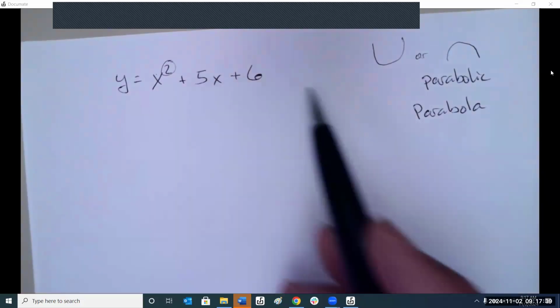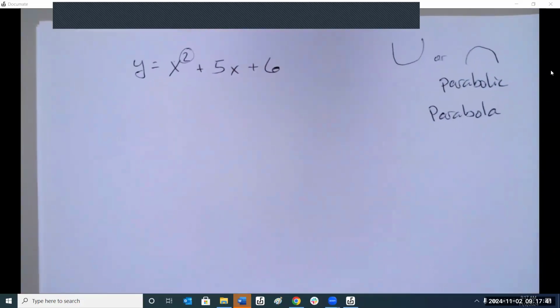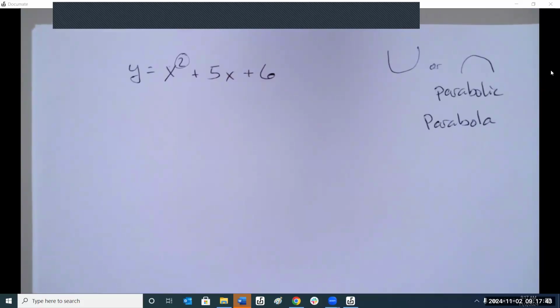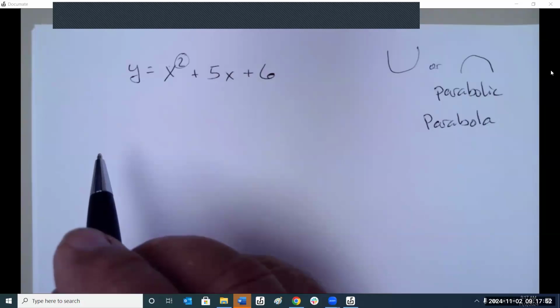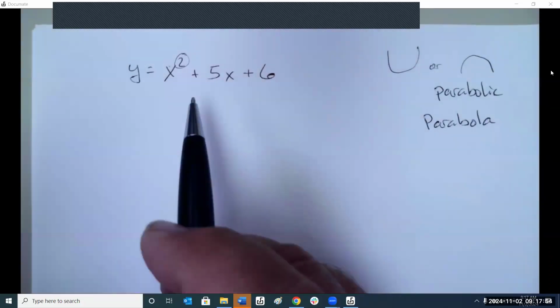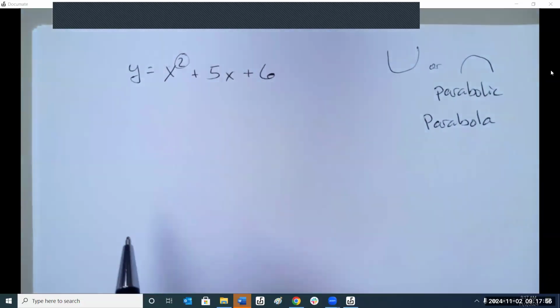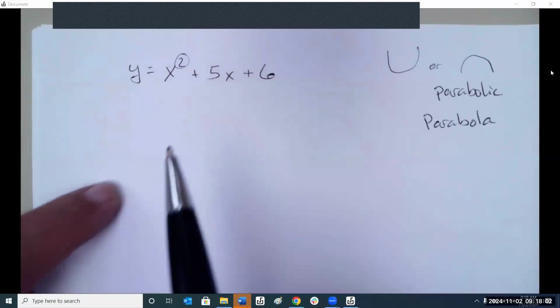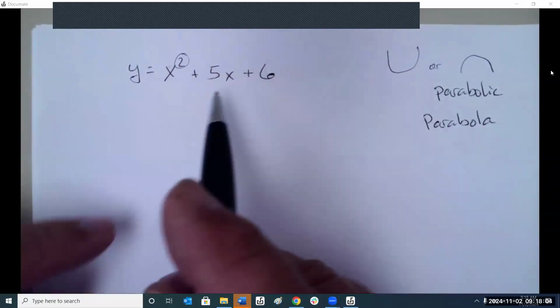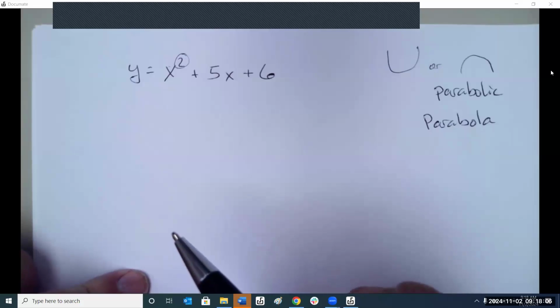What else? By looking at this, what else can you tell me? Do we know any points on the graph? No calculations. Just by looking at it, can you tell me any points? You can't tell me that by looking at it. I'm gonna give you one even more difficult. Just by looking at it, the answer is yes.